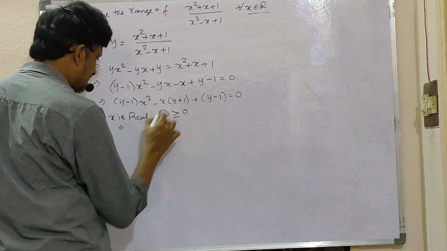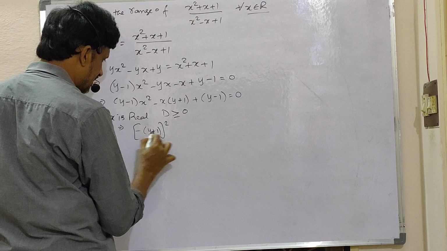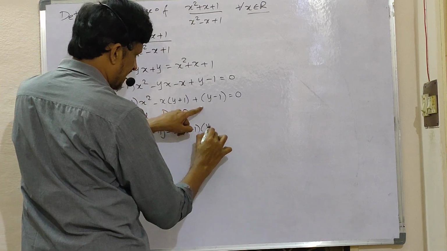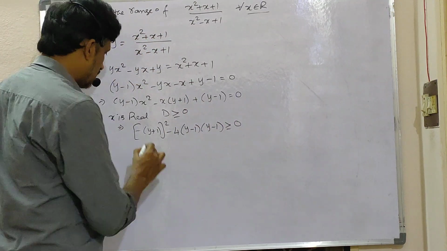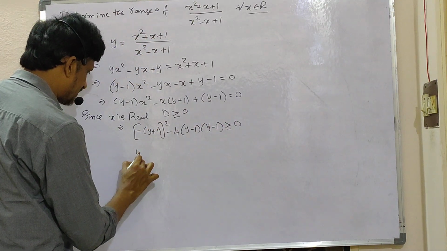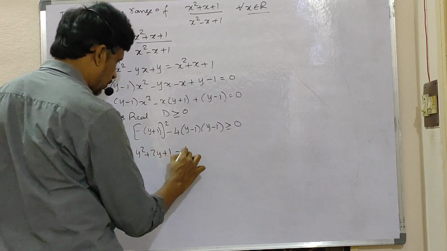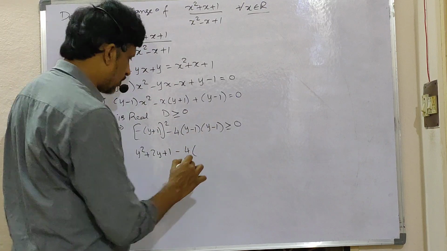So b square, that is minus y plus 1 whole square, minus 4 into a into c is greater than or equal to 0. So write this expansion, this is y square plus 2y plus 1 minus 4 into y minus 1 into y minus 1, means y minus 1 whole square.